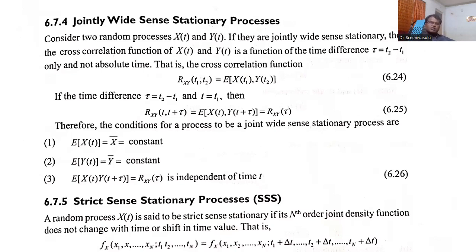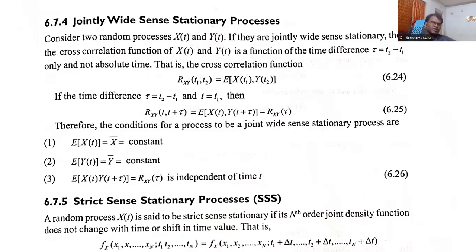Next, today we are going to discuss jointly wide sense stationary process. Jointly wide sense stationary process follows the same concept as the wide sense stationary process. The only change is that we are going to consider two random processes here.